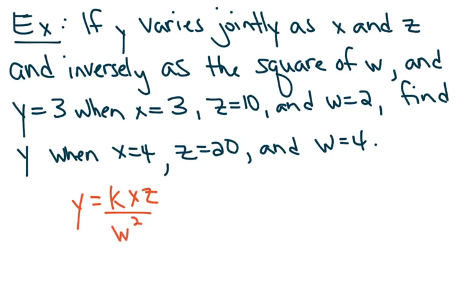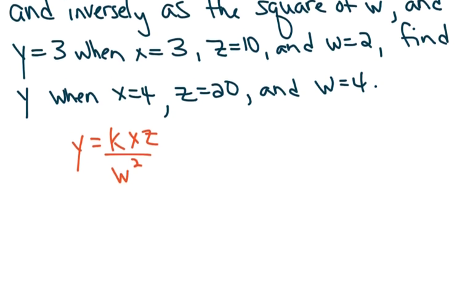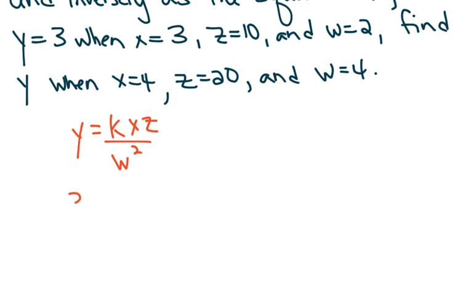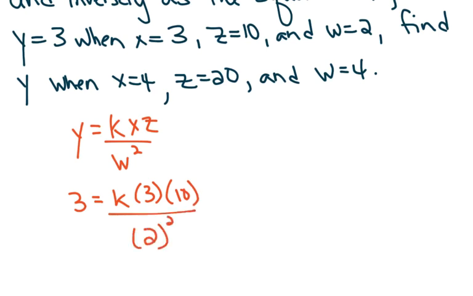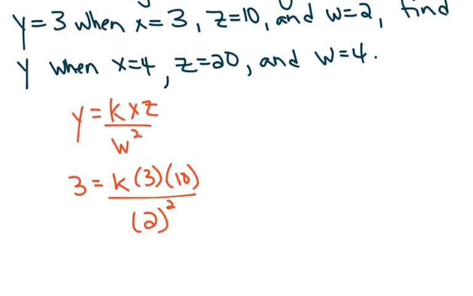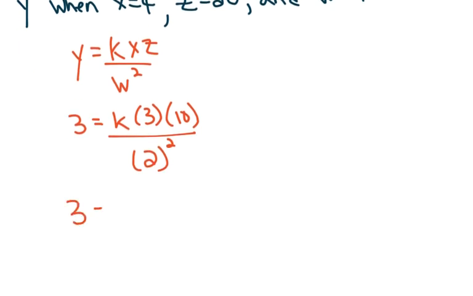Because it was jointly with x and z, which means x and z get multiplied by the constant, and inversely as the square of w means that w squared is in the denominator. Now, we're going to plug in 3 for y, 3 for x, 10 for z, and 2 for w. Don't forget we're squaring it. And we're going to solve for k. So I get 30k over 4.